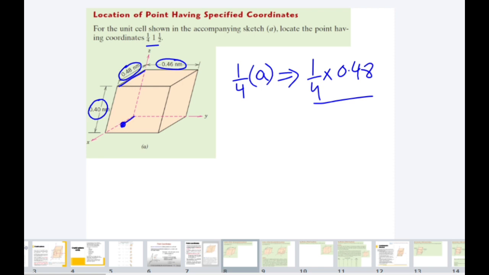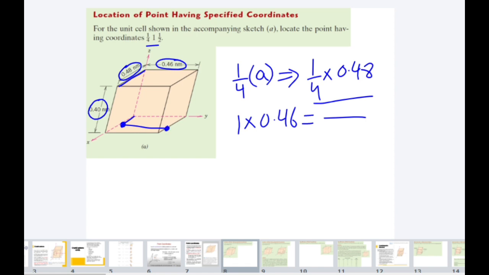Now for B, it is 1 multiplied by B. B is 0.46, so it will be 0.46. So B will be where? Here. So from here, we will go up till here, right? Full B. So from here we start and we reach point B.